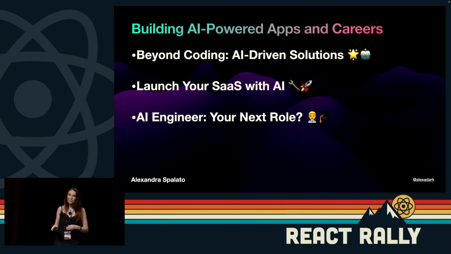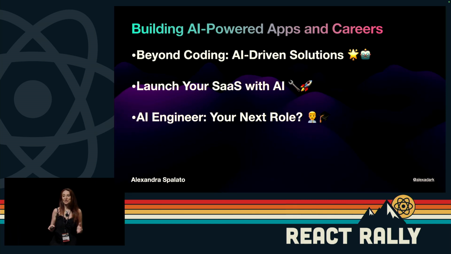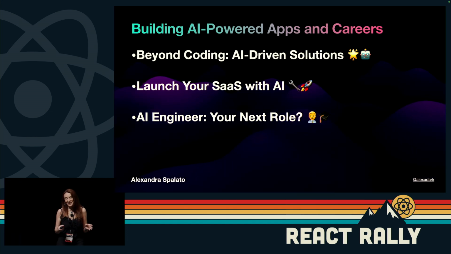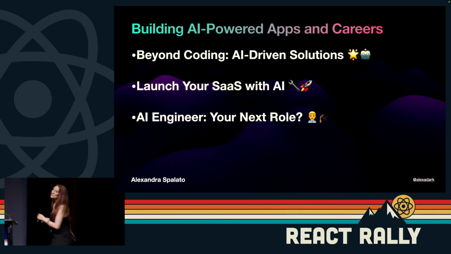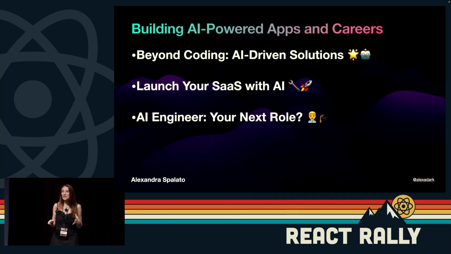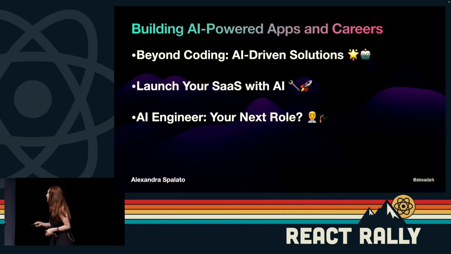Also, if you want to make a career shift, the opportunities are going to be huge. Who has checked Anthropic salaries after episode 2? Okay, check it because it's really huge. So there are many opportunities. And believe it or not, as React developers, you have the right foundations to become AI engineers and take these opportunities.